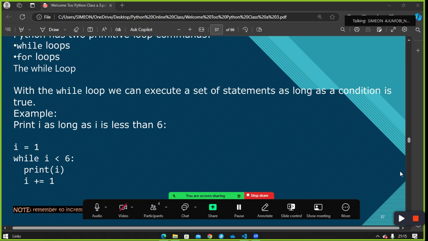If the number is divisible by 2 and has no remainder, what should happen? It should skip it. It should continue. And it should print the other numbers that are not even numbers.